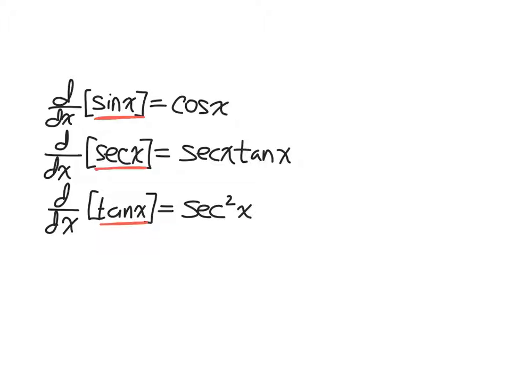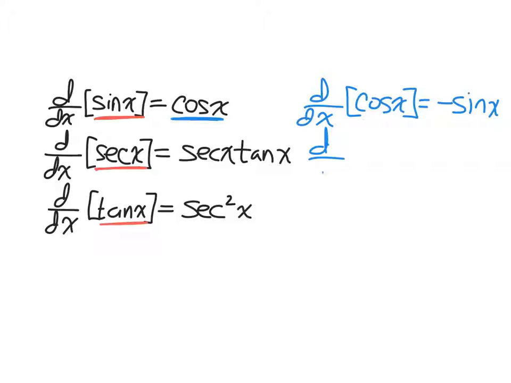Those are the ones that you really, really absolutely want to know because their cofunctions have derivatives that are negative cofunctions. So d/dx of cosine, just take the negative cofunction of the derivative of sine, so it would be negative sine of x.